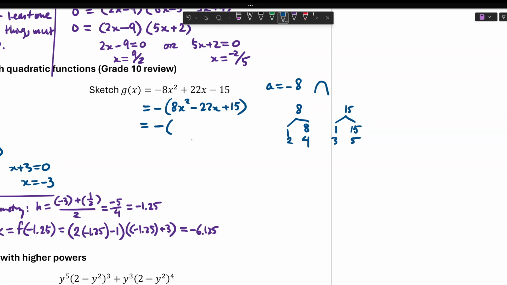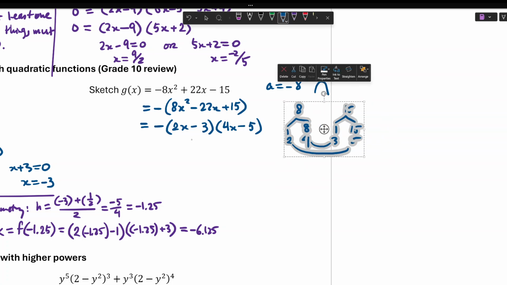Right, we want this combination of 2 times 5 and 3 times 4. That's going to give us 22. So we want 2x and 4x and 3 and 5 in such a way that the 3 and the 5 are multiplied by the correct things. And then we want a negative 22, so this is our factorization.